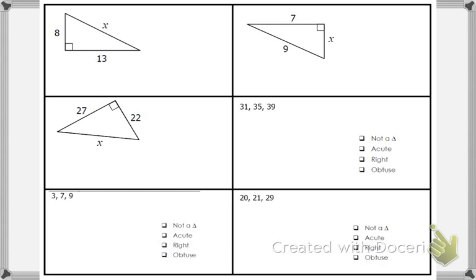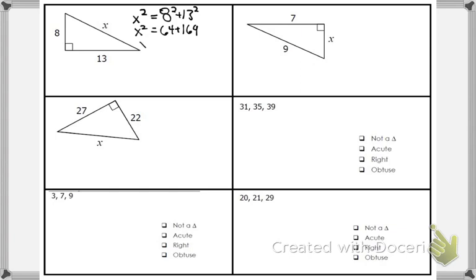In our next problem, we're just solving for a missing side. Pay attention to which one is the hypotenuse and make sure you get the order set up correctly. X is the hypotenuse, so it goes by itself. X squared equals 8 squared plus 13 squared. So then we got x squared equals 64 plus 169.